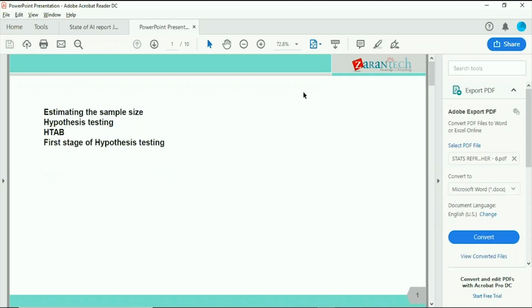Okay, we'll also go through a framework which helps us do that, and we'll try to solve one simple problem using the steps that we have understood and prove a particular hypothesis.